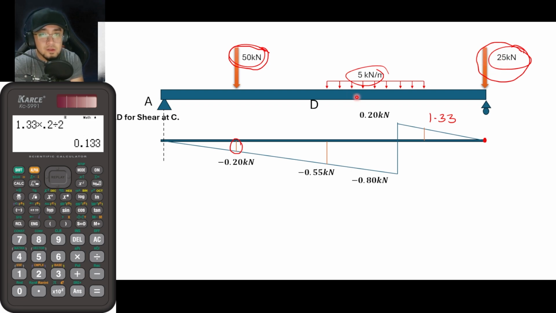Okay? So from that, guys, for the uniformly distributed load, what we will be doing here is that we will be projecting this downwards. So as you can see, these are now the values. And we would just be multiplying this 5 kilonewton per meter load to these areas here.